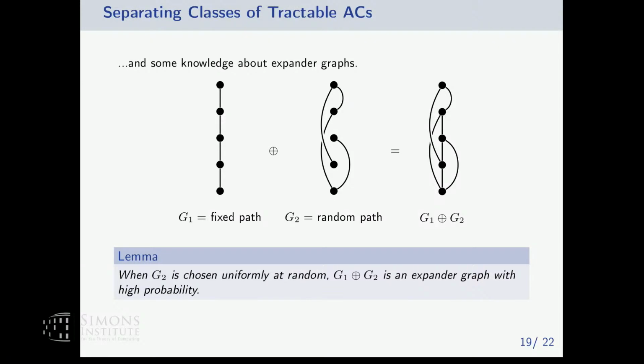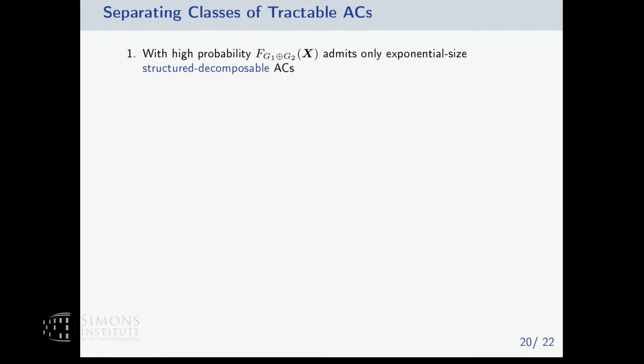So that's an expander graph with a small degree. Good. And so, if you just rewrite the hard function here, I say that f_G is the product, for every edge, of 1 plus max.